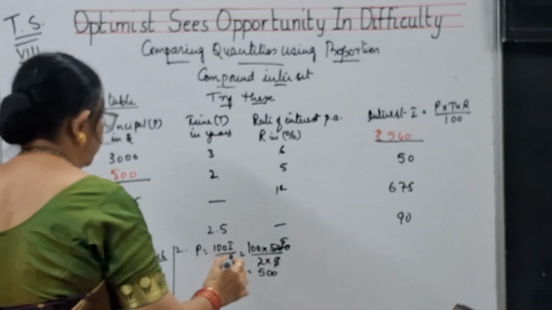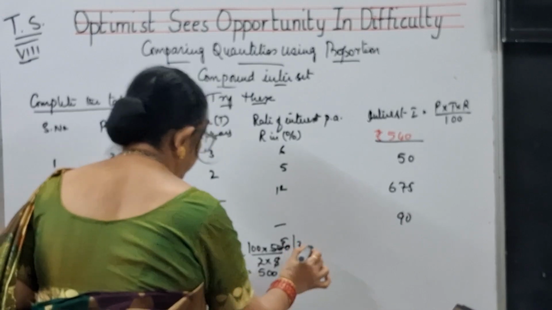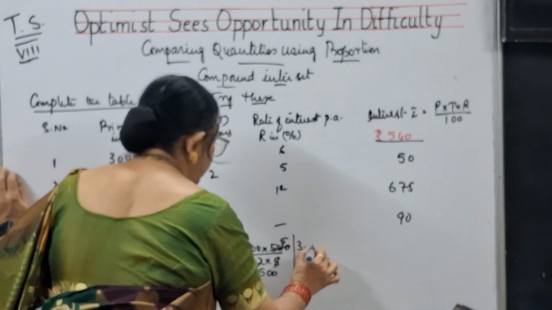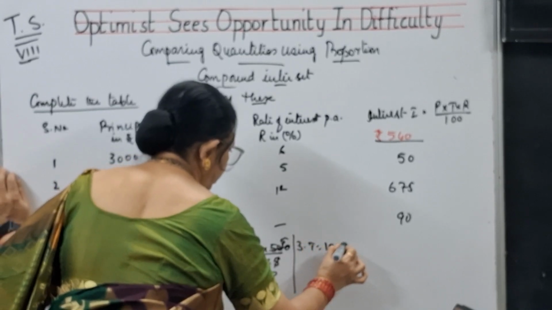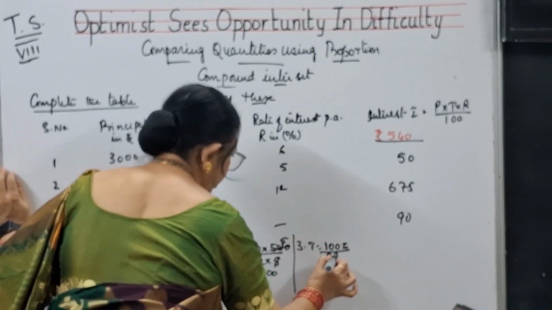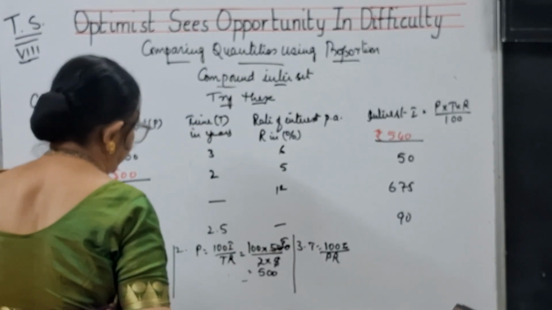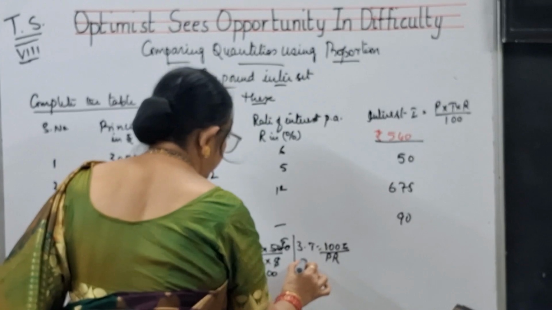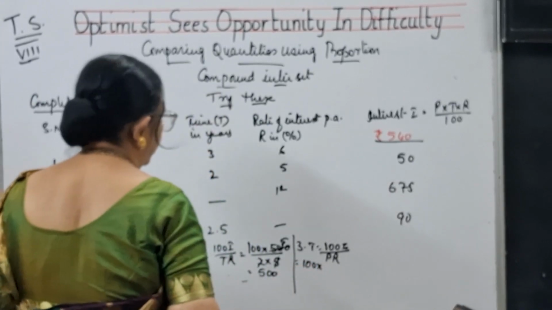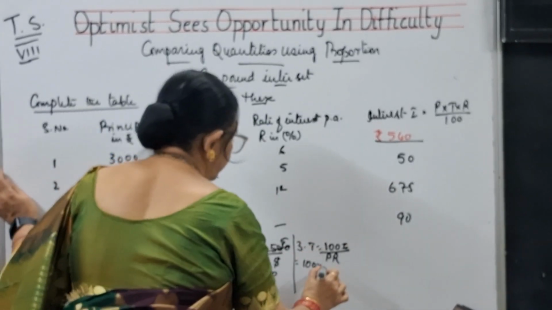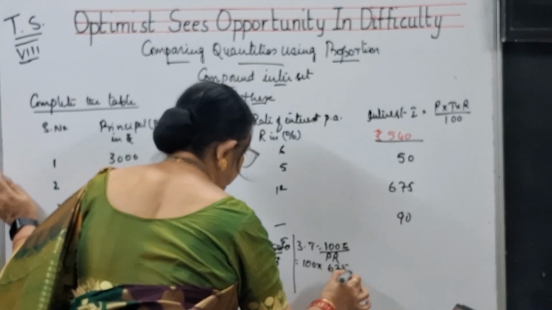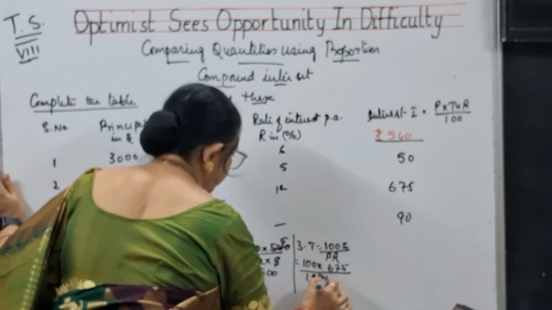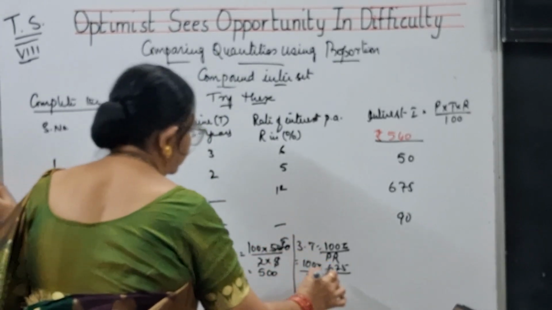Now when you go to the third one, the third problem is again you want T. T is equal to 100I by PR. So let us see how can you do it. 100 into I. What is I? 675 by principal 1875 into R 12.